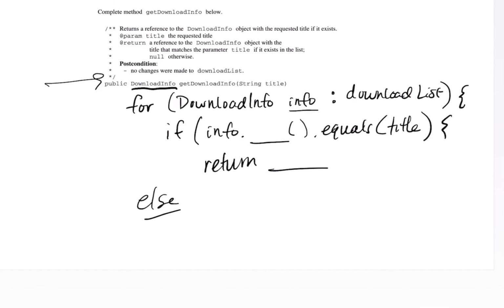We know that if this conditional statement evaluates to be false, meaning that the song is not in the download list, then they already told us that we need to return null. So this gets you started here. And again, I think being familiar with .equals and the enhanced for loop are going to be really, really helpful for this problem.